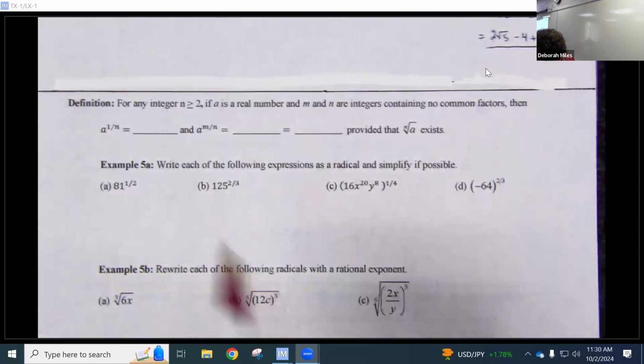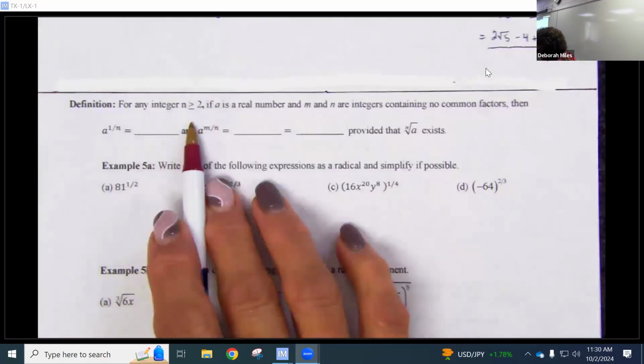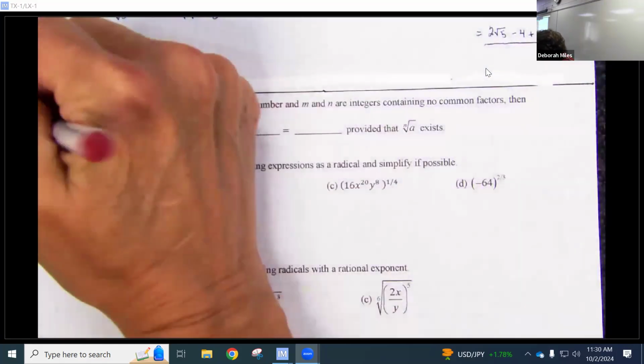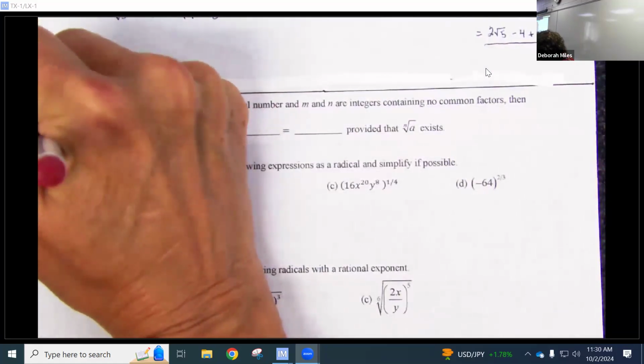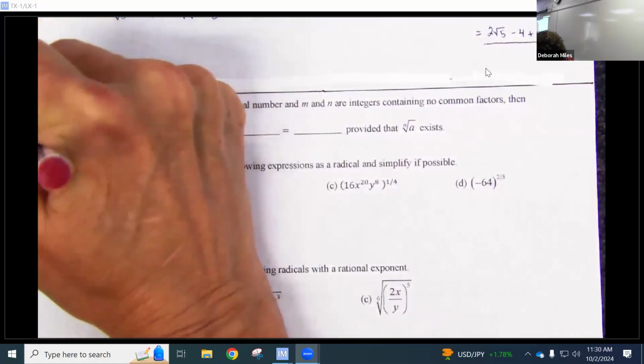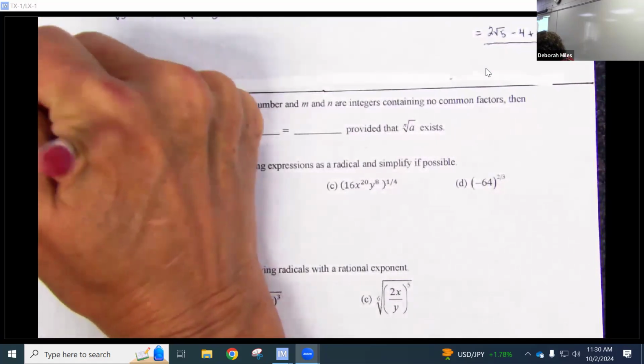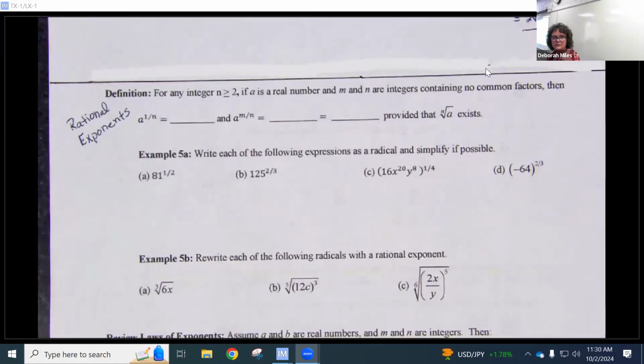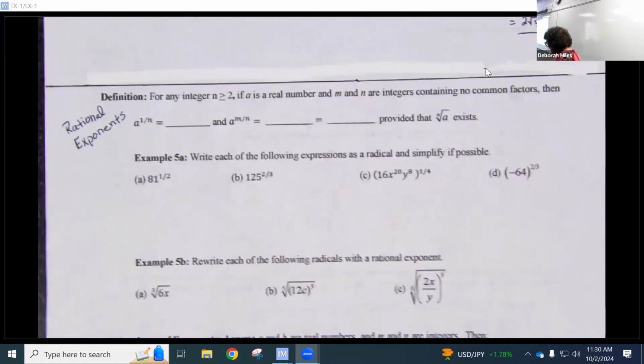All right. Definition of a rational exponent. Let me write that right here. Rational exponents. And the word rational in math means a fraction. So we're talking about exponents that are fractions.